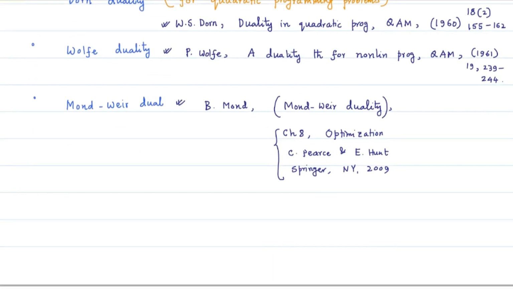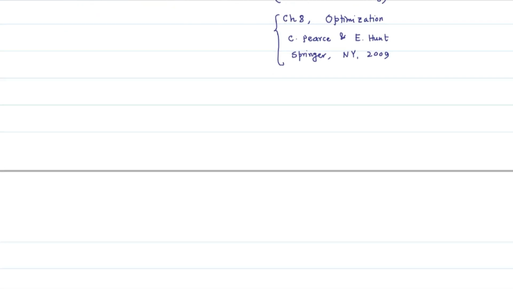Now let me move on to discussing a few results on this Lagrange duality theory. The first result is on the convexity of the negative of the dual objective function.